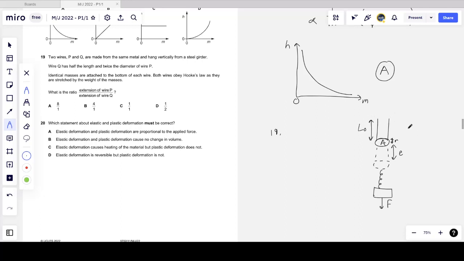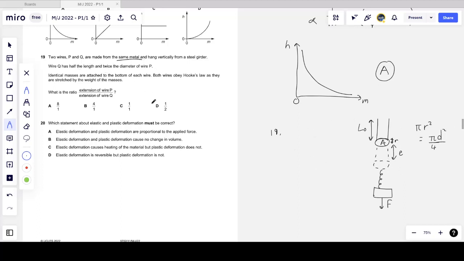And we know that the area, surface area, is pi r squared, which is pi d squared over 4, where d is the diameter. I'm just writing all this down to coincide with what we're given. Okay, so we have two of these wires.